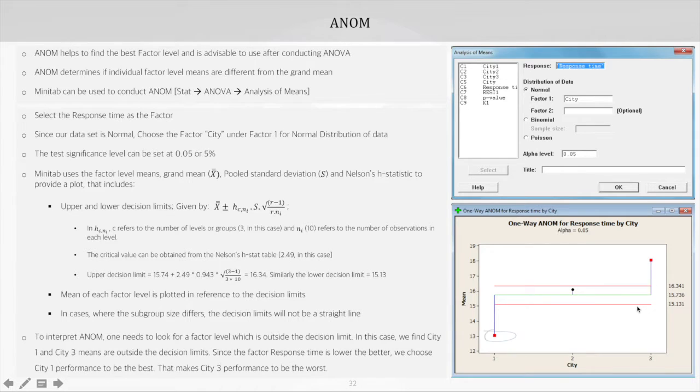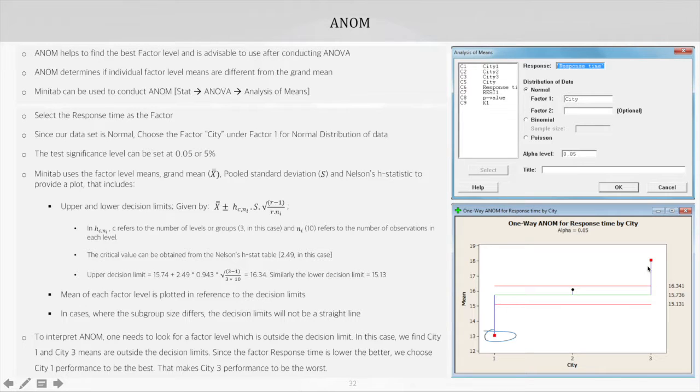Now coming to the interpretation, what one needs to look for is the factor levels which are outside the decision limits. In this example, we find city 1 and city 3 means outside the decision limits.